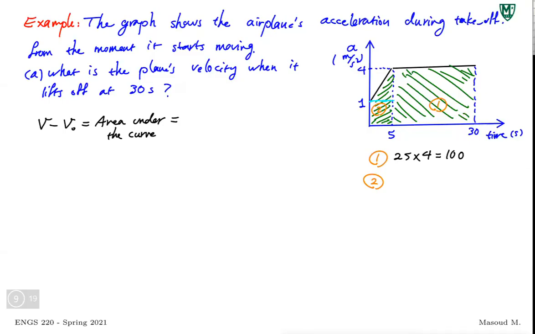So I'm breaking down number 2 into 2 shapes: 5 by 1, and then 5 times 3 divided by 2.